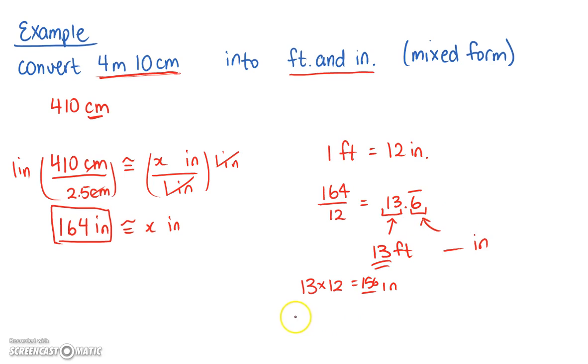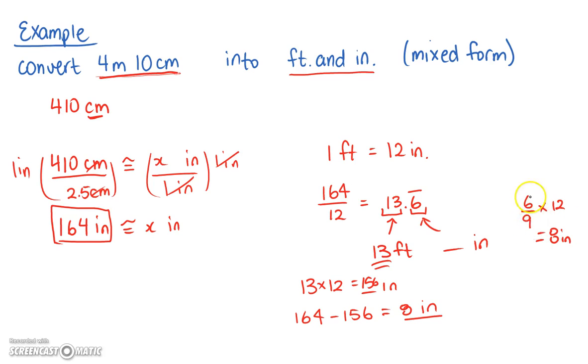So if I take 164 and I subtract the 156, you're going to get 8 inches. So that's your remaining 8 inches that are left over. That's the 0.6 repeating. Now 0.6 repeating is the same thing as 6 over 9, so you can also write this as a fraction. 6 over 9 of 12 inches is going to equal your 8 inches as well.